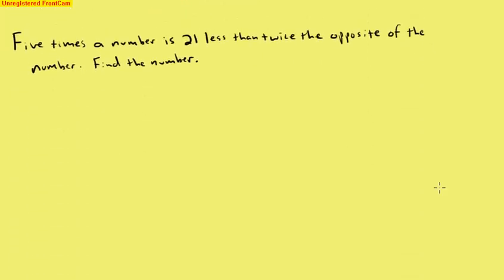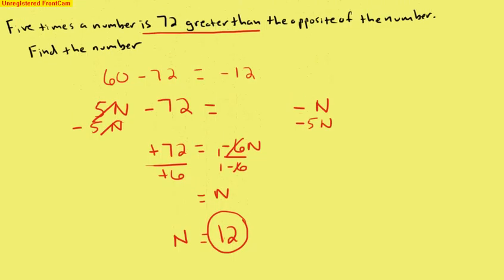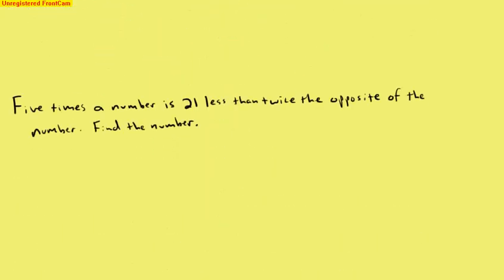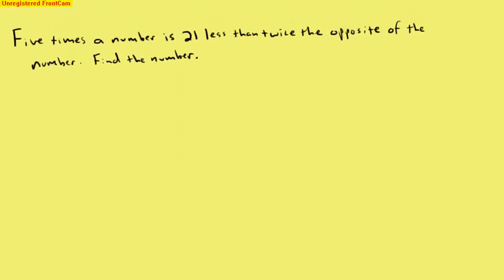One more, similar to the other problem, taken from the practice problems in the book. 5 times the number is 21 less than twice the opposite of the number.